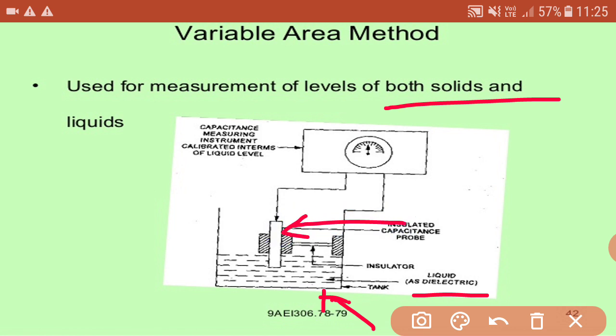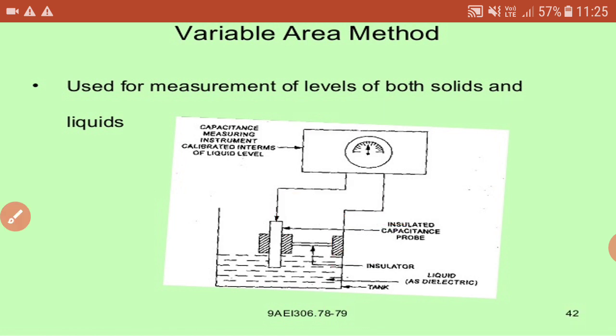This probe is connected with this insulator and connected with this tank. This is a capacitance measuring instrument calibrated in terms of liquid level, and we can see this connection is given here.